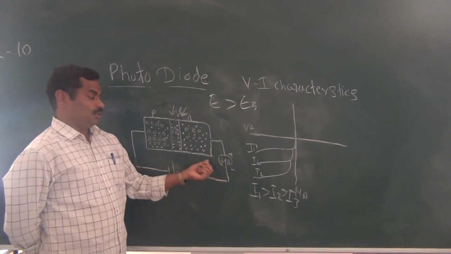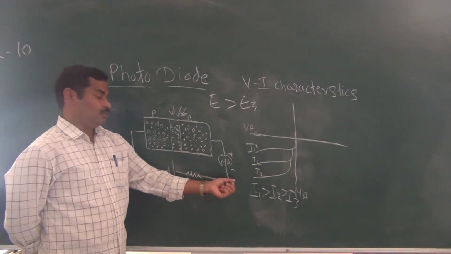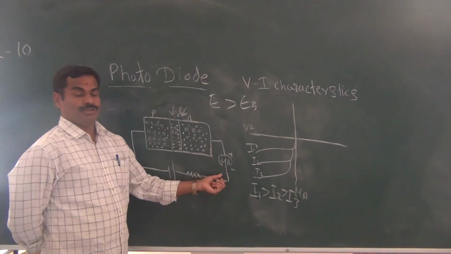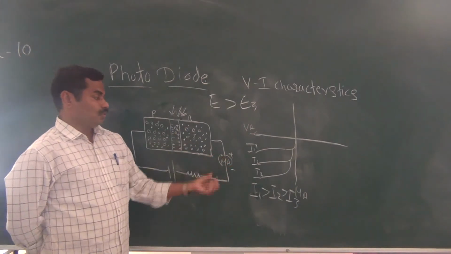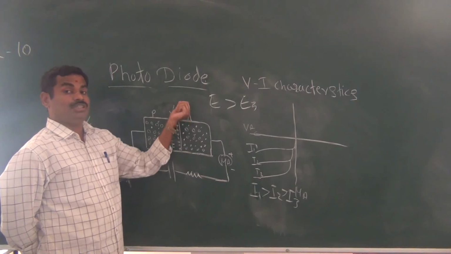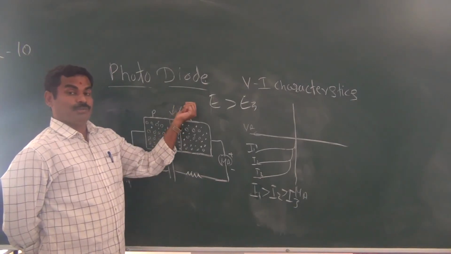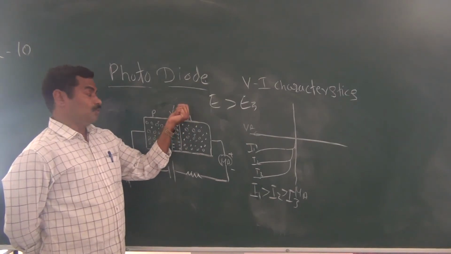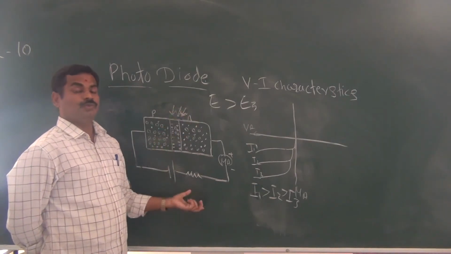As we know, in the reverse bias, the current is only in microamperes. The photocurrent depends upon the intensity of the falling light. If the intensity of light is more, you get more photocurrent.